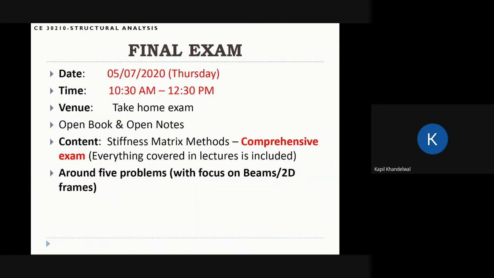Make sure that you understand everything covered in the class, because a problem can have different kinds of elements, and you should be able to use them in the correct way.